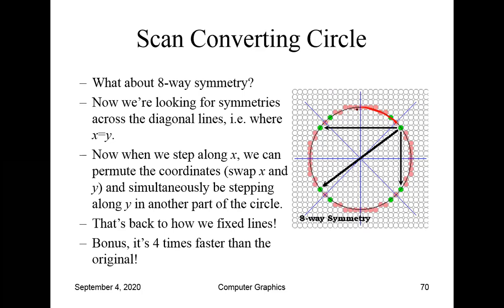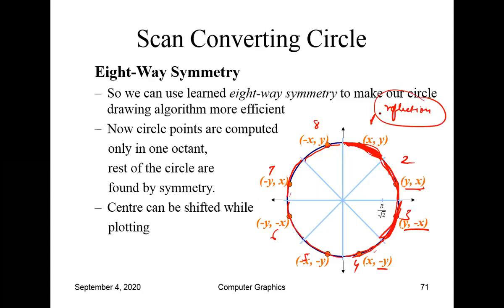We just have to reverse the values or take the negative values in such a way that it can be drawn in every other octant. So if we draw in this first octant, then we have these x, y values. Then we convert it for the second octant as we reverse all these values, so the x values are replaced with y and y values are replaced with x. So we can draw it in the second octant.